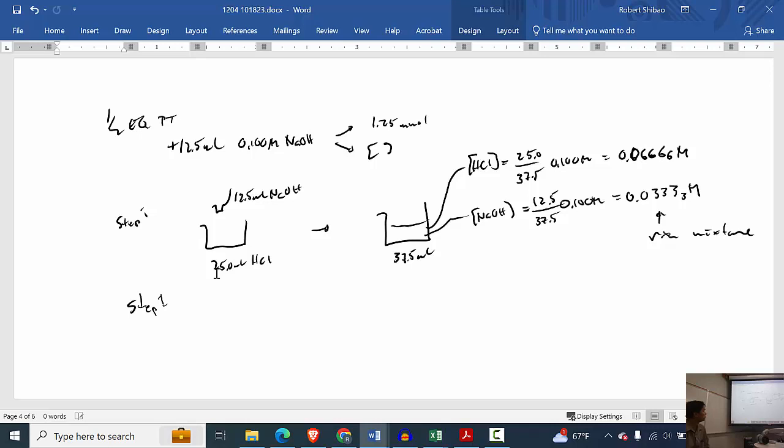Now, we have a strong acid and a strong base. So the obvious reaction is the strongest acid plus the strongest base, hydroxide, giving sodium chloride and water. So we have an initial from the reaction mixture: HCl in excess, 0.06, and then we have the sodium hydroxide, which is 0.0333.